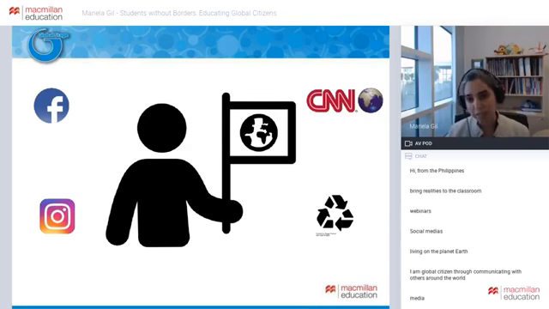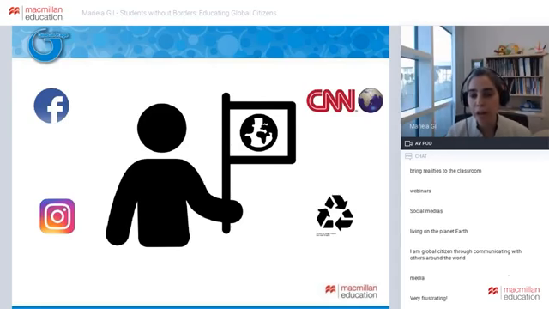Yes, our connection to the environment and the fact that through all of our developments of technology in all kinds of ways, we have an impact on the environment and therefore an impact on each other, regardless of where we are. What you do in one place has an impact on another. So all of these things are elements of being global, right?